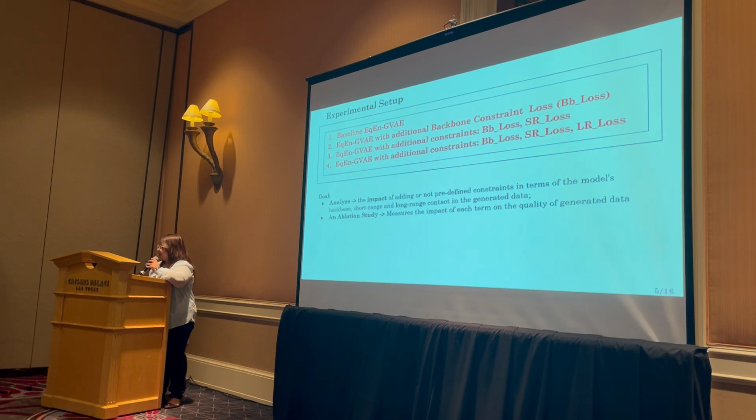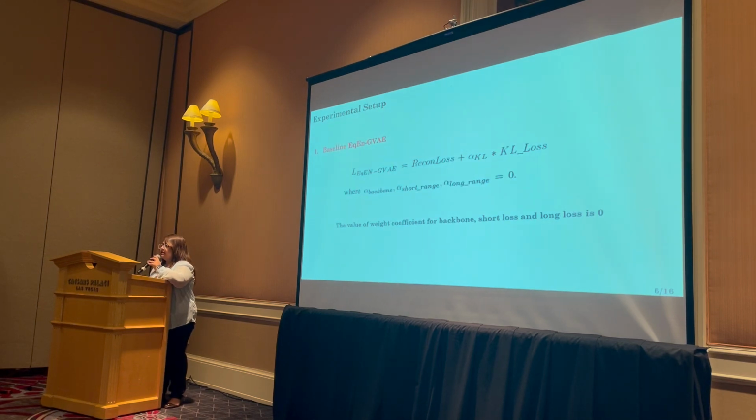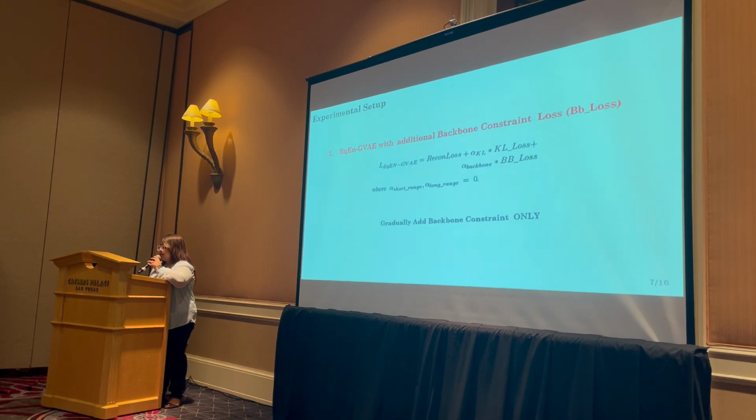So these are our 4 setups. Let me go through them. First of all, this is the baseline one, where the value of the weight coefficient for backbone loss, short loss, and long loss is 0. That means there is no additional constraint here. This is just a regular VAE loss for the model. Next, we gradually add the backbone constraint only.